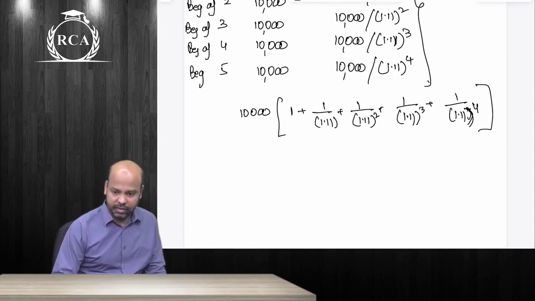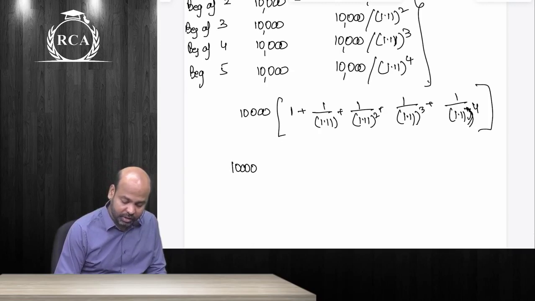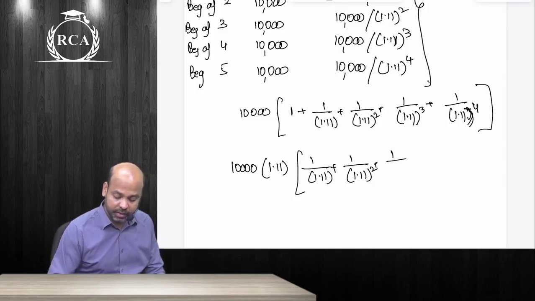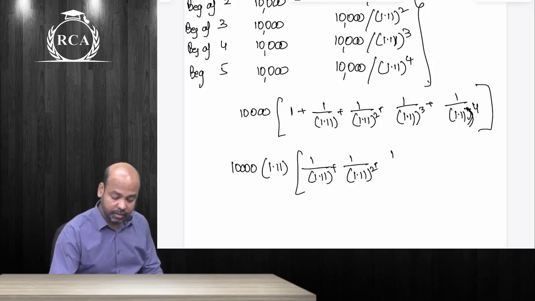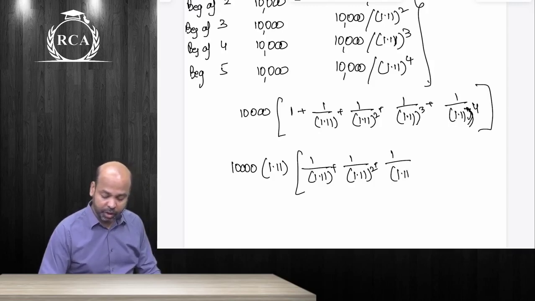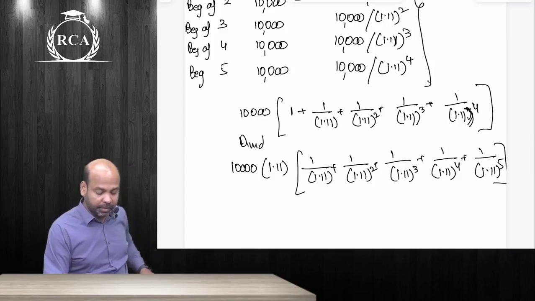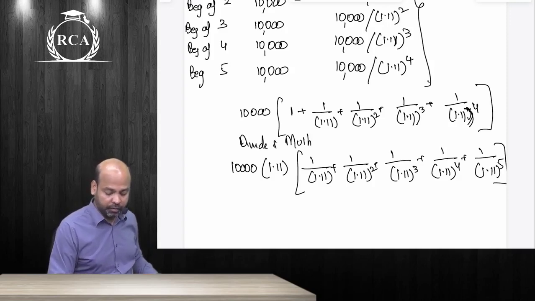Are we clear? Can I also write this as 10,000 into 1.11, divided and multiplied by 1.11? Can we do that? I am multiplying by 1.11 once and dividing once so that the answer remains the same. What will happen? This will become 1 divided by 1.11 whole cube. The next one will become 1 divided by 1.11 whole power 4. The last one will become 1 divided by 1.11 whole power 5. This is when you divide and multiply by 1.11.